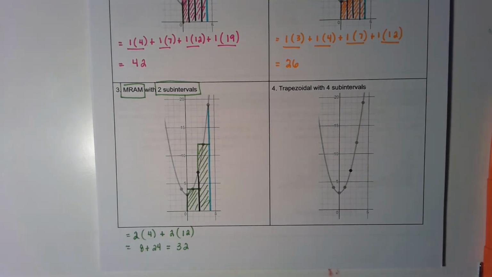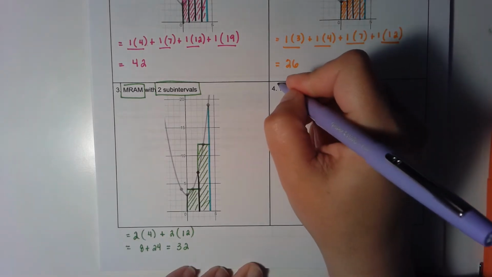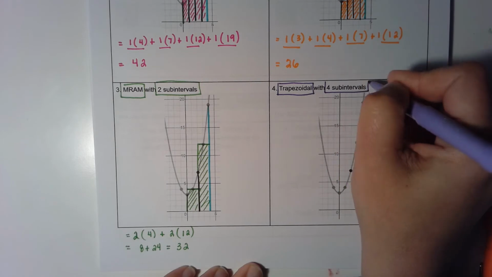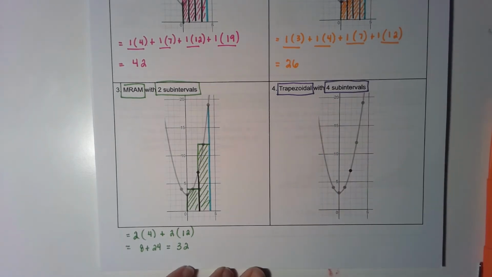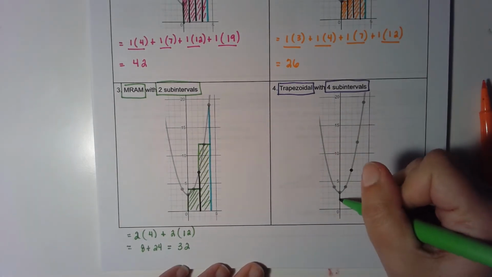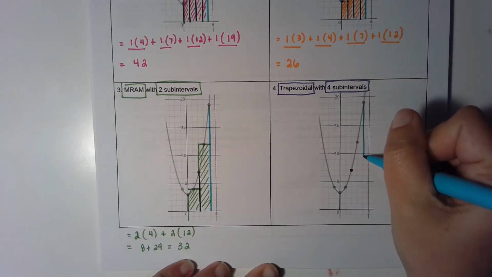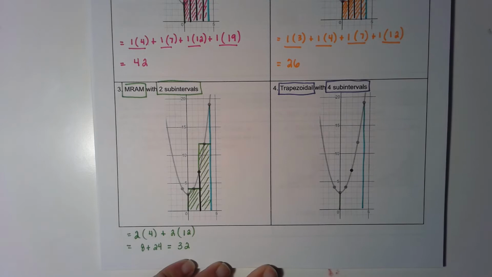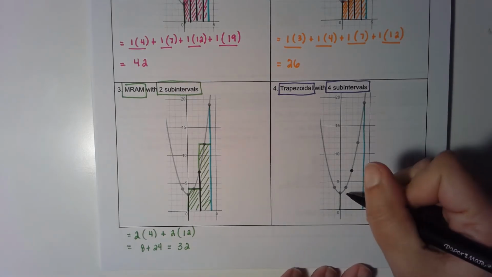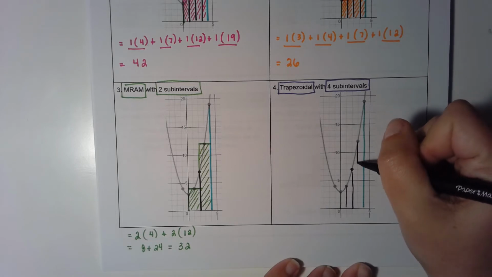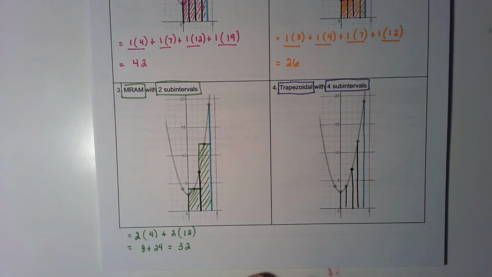Last but not least, we're going to practice using a trapezoidal sum with 4 subintervals. So we're going to make 4 trapezoids here. The beginning is still here at 0, and the end is still here at 4. And we're going to divide this up into 4 subintervals so that we can turn each of those subintervals into a trapezoid. So I'm going to draw 4 sections.